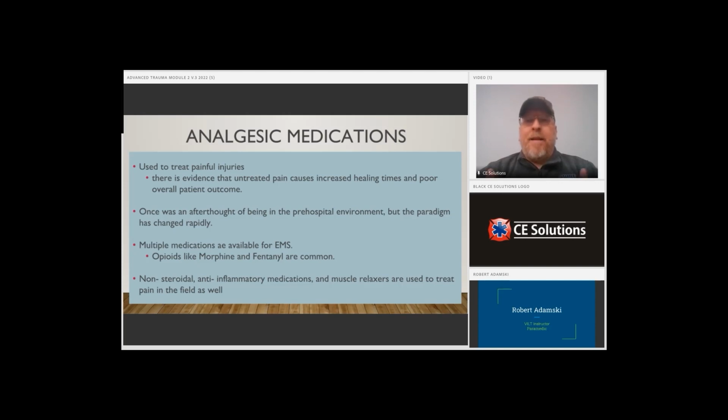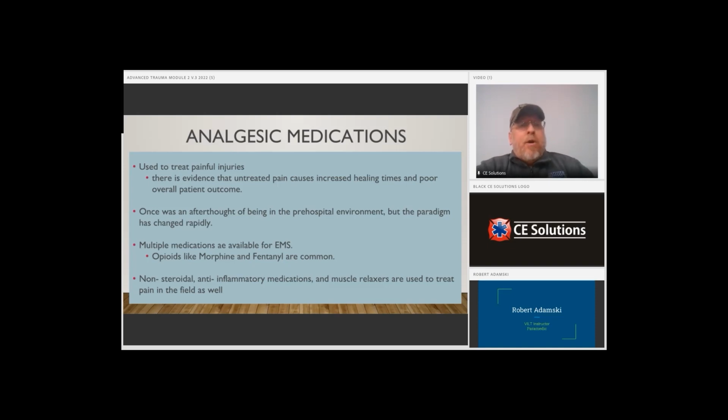So if you provide multimodal analgesia via different medications together, they're going to act synergistically and block those pain impulses through more of the pain pathways. So, for instance, depending on your protocols and the situation, you might want to administer an NSAID, a nonsteroidal anti-inflammatory, as well as an opioid. We're going to talk about all the different types of medications shortly.